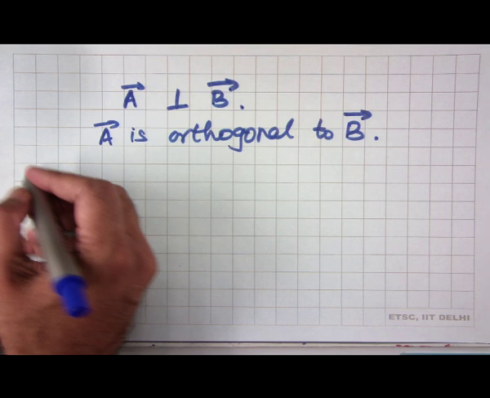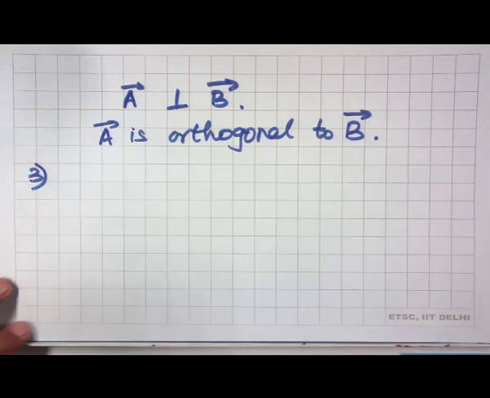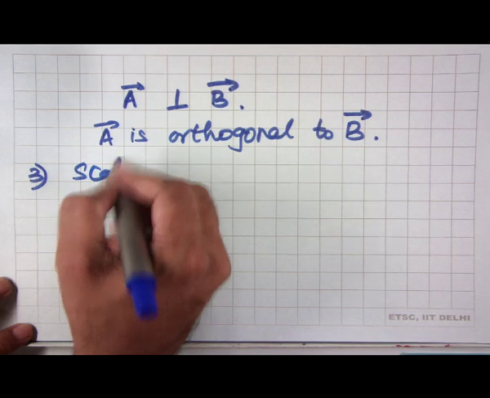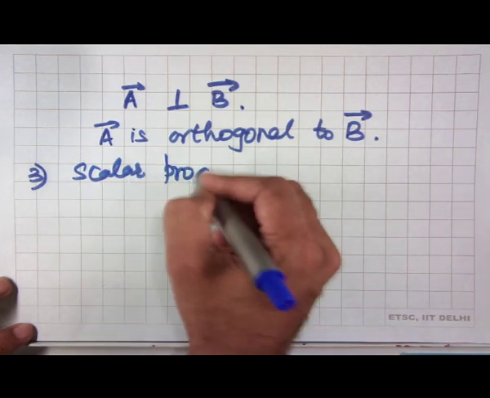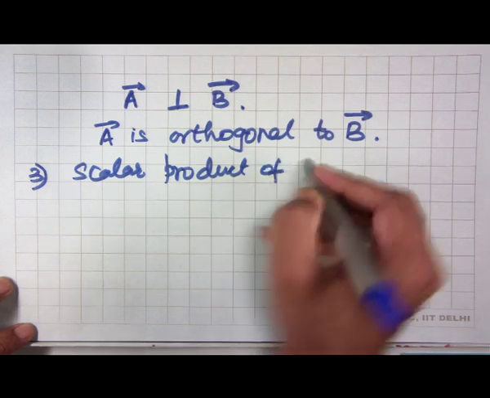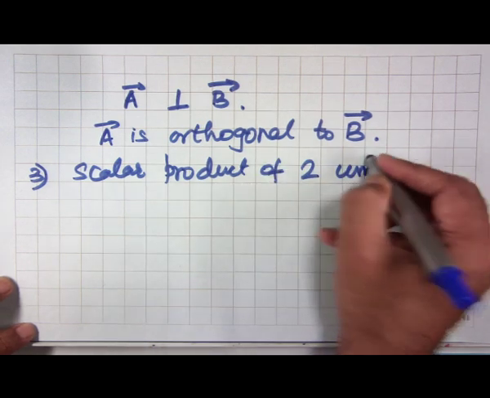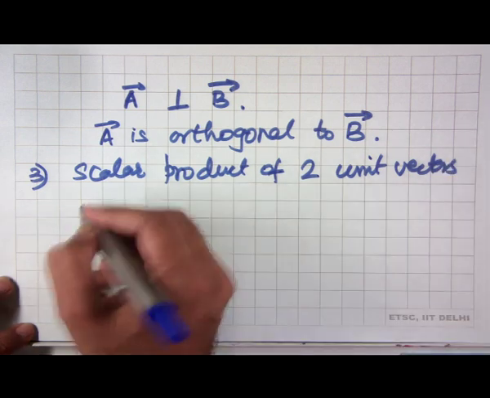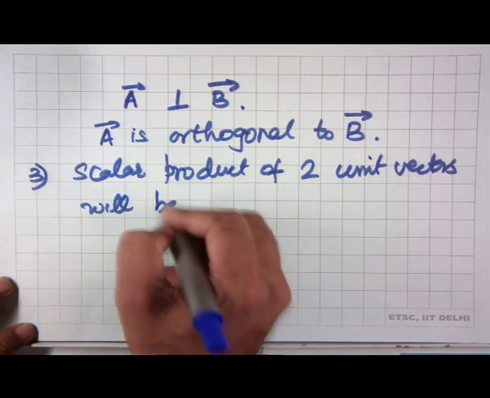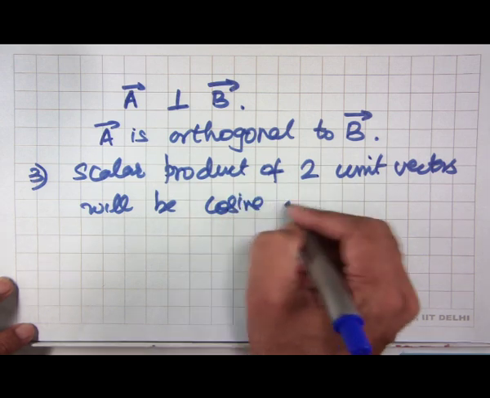Now, the third thing, if we look at the scalar product of two unit vectors, it will be the cosine of the angle between them.